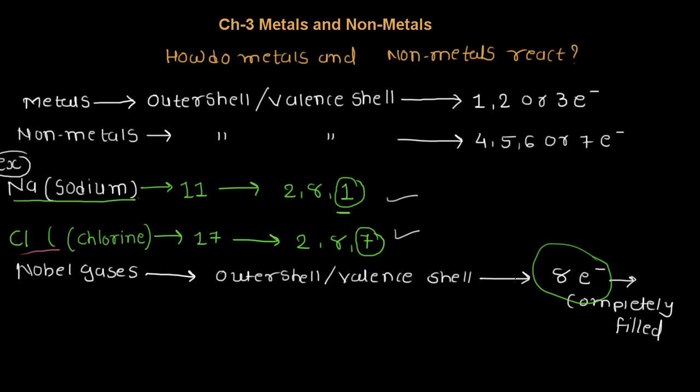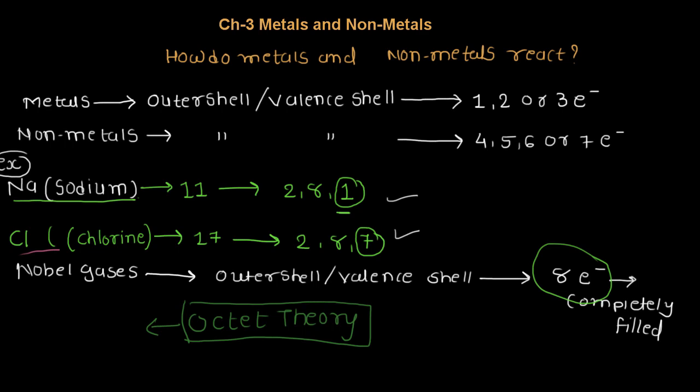The last orbit is completely filled, and this is based on the octet theory. This theory says every element wants 8 electrons in its valence cell, or you can say outer cell or last cell.